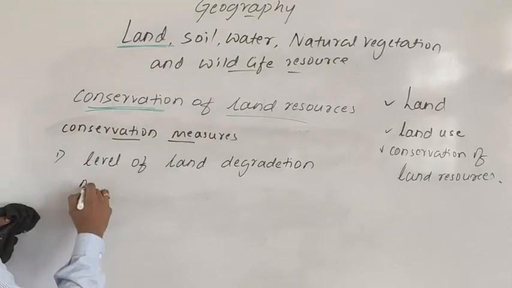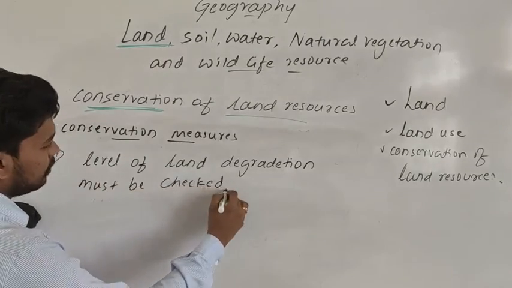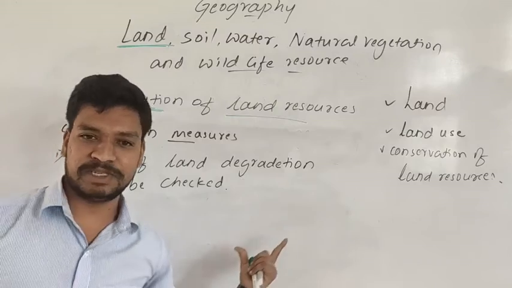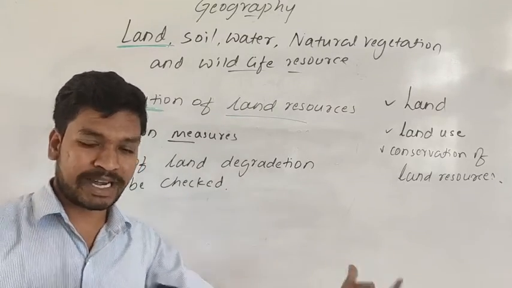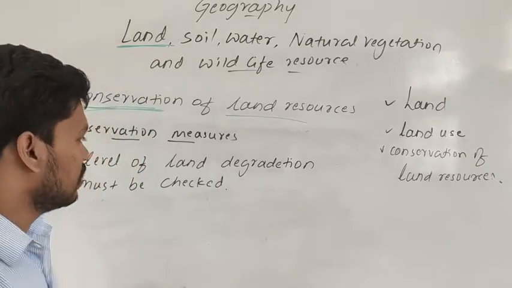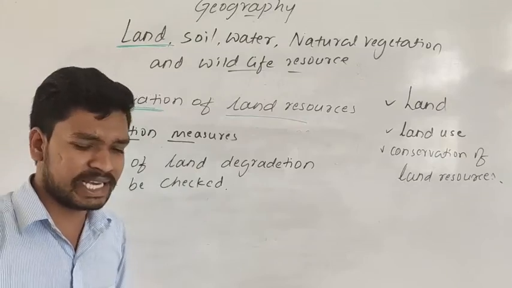The level of land degradation must be checked. Then only we can have other plans to conserve the land resource, to protect the land resource. If you don't know the level of land degradation, how can we conserve it? You will not be knowing anything.